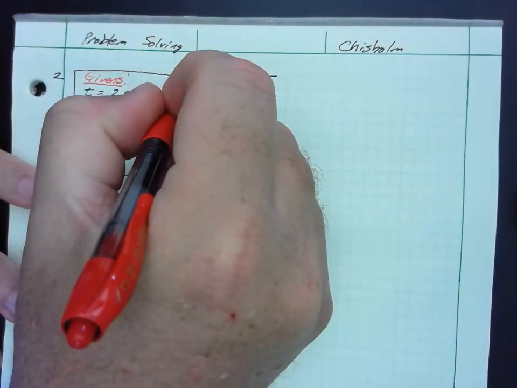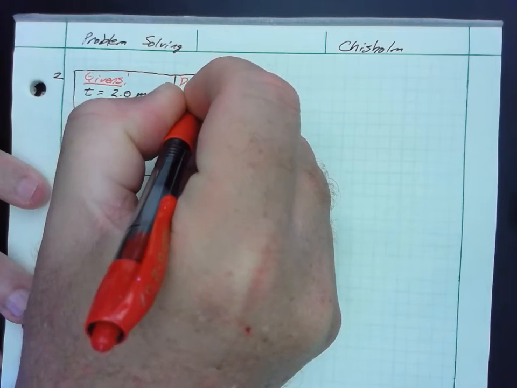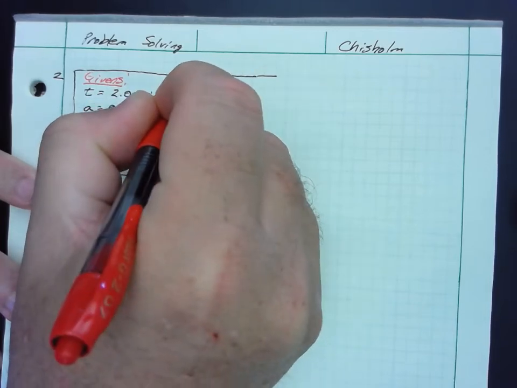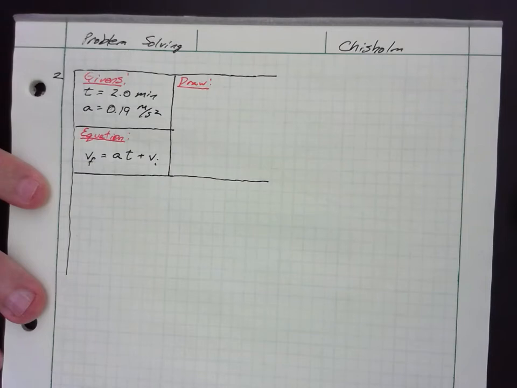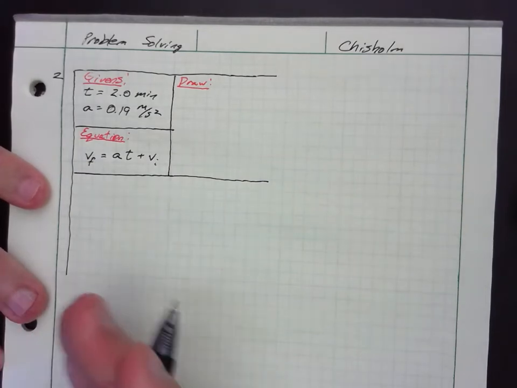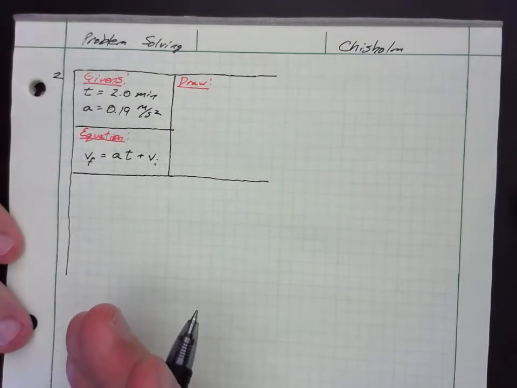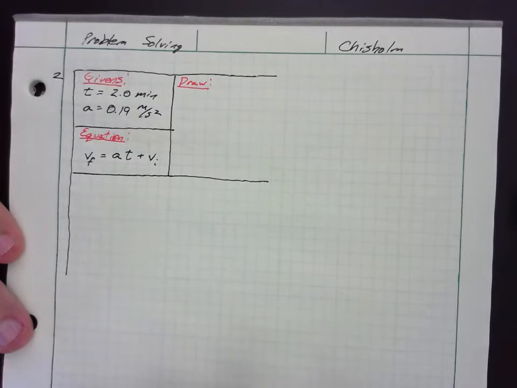So I'm going to write here, just draw. Okay, you're going to draw a picture. At first, the picture is just going to be added work. It's not going to be anything that you're going to necessarily need to solve the problem. But later it will be extremely important that you have it there.